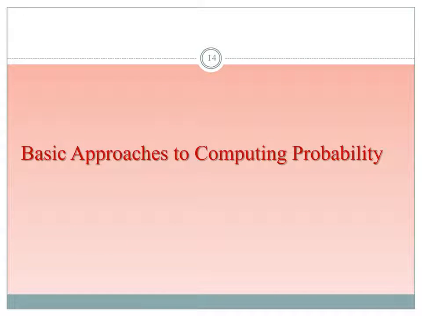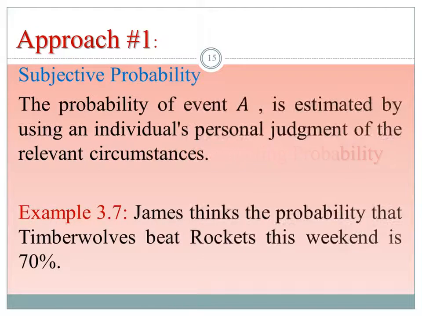Right, so next we are going to discuss some basic approaches to computing probability. First, approach one, subjective probability. The probability of event A is estimated by using an individual's personal judgment of the relevant circumstances.